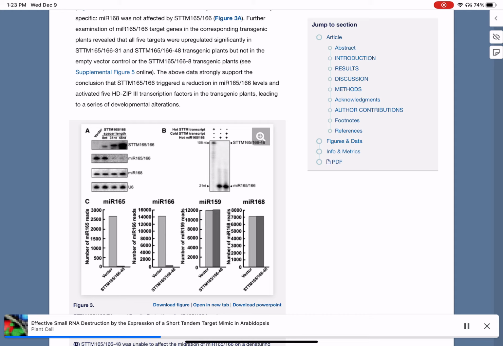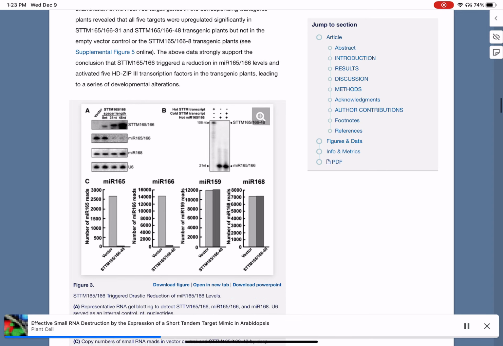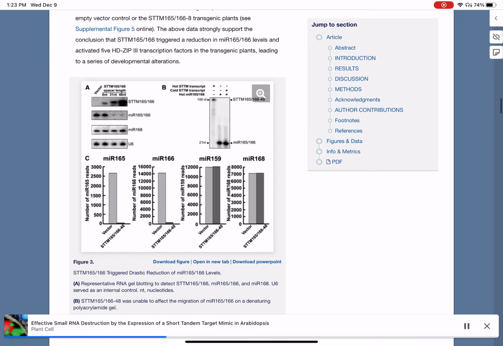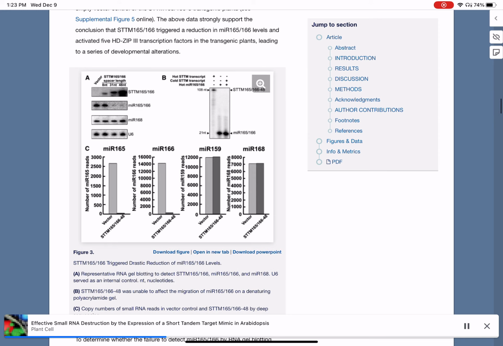See supplemental figure 5 online. The above data strongly support the conclusion that STTM-165-166 triggered a reduction in miR-165-166 levels and activated 5 HD-ZIP III transcription factors in the transgenic plants, leading to a series of developmental alterations.